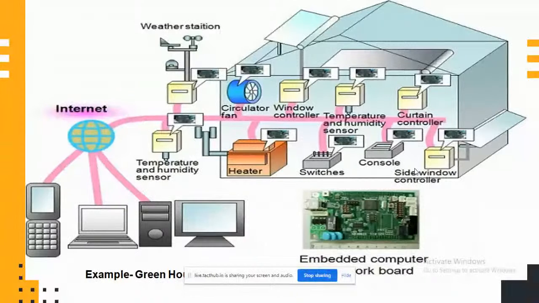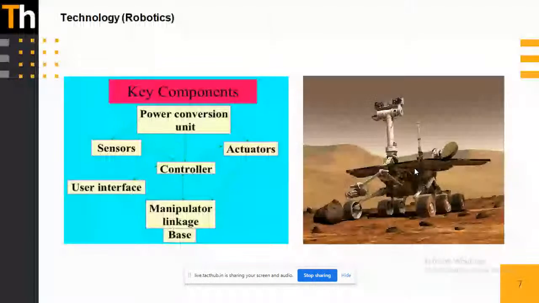Coming to the next, that is robotics. See, robotics, though it is a separate branch, nowadays, in my opinion, it is not a separate branch. It is just an application area.